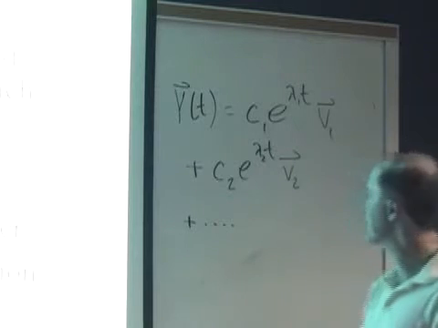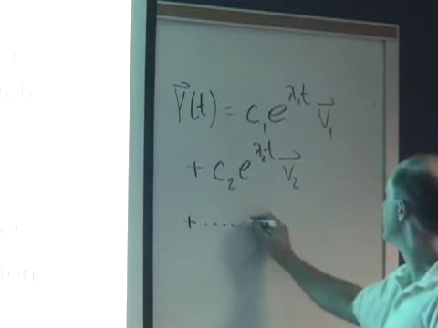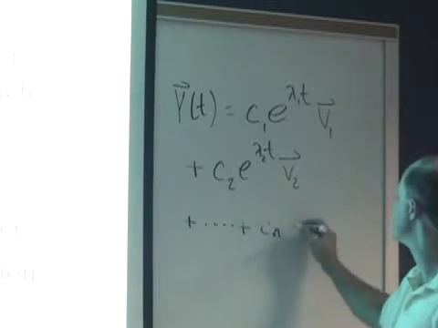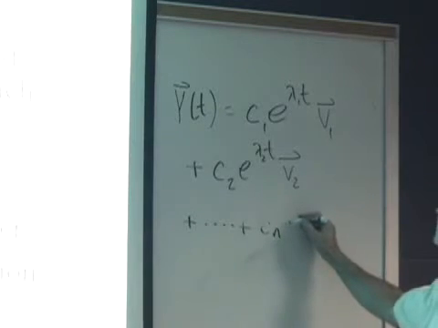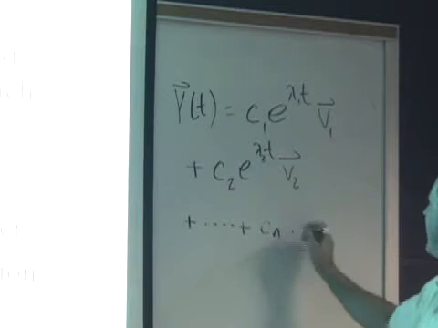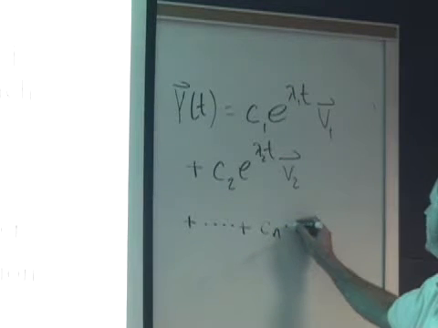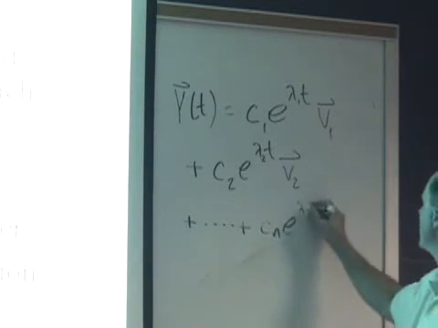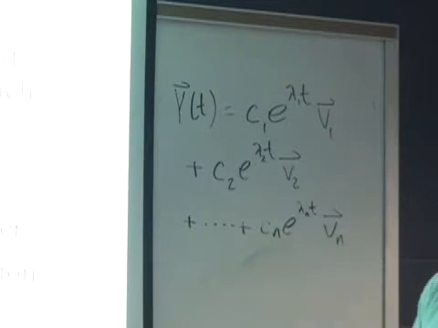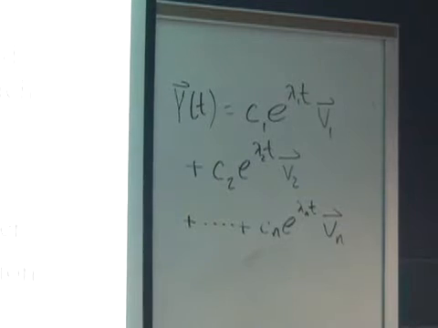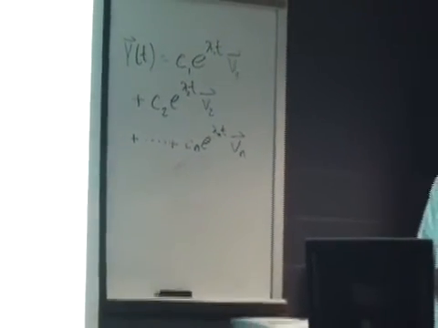If it were a 2-dimensional case, you'd stop right there, but if we're doing the general case of n dimensions, we have a bunch of intermediate terms, and then the last term will be a constant cn times e to the lambda n times t times the vector vn. And that will be your general solution, which you can use to solve any initial value problem.